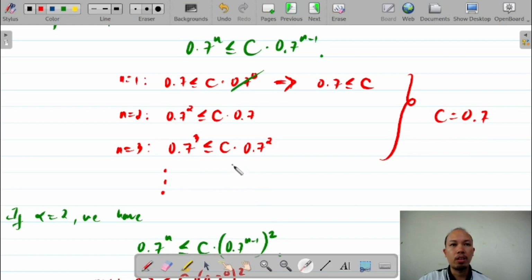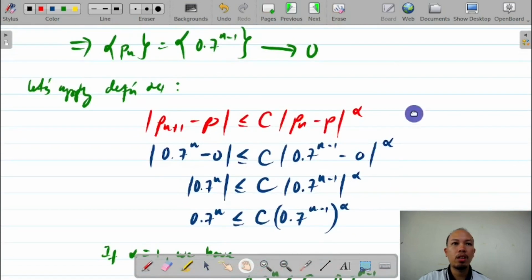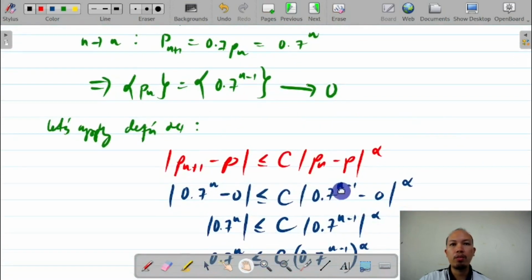So our c here is 0.7, and all these inequalities will hold. That's it for using definition 24.